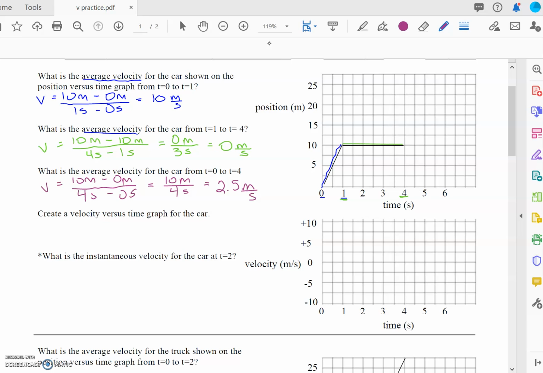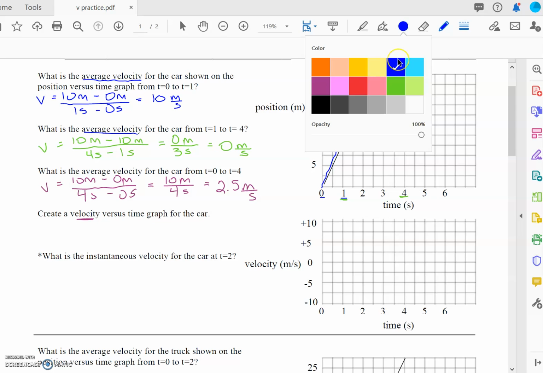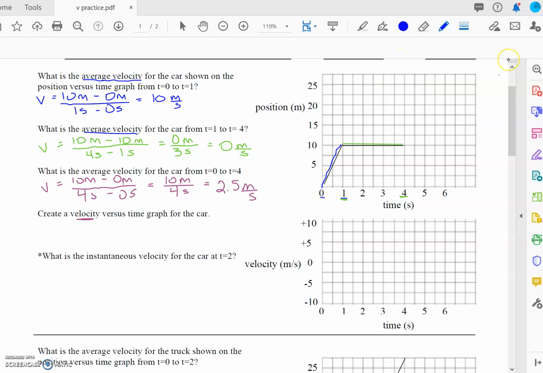So it wants us to create a velocity graph for the car. Well, if velocity is the slope of position time, I'm going to have two different segments on this velocity time graph. I'm going to go back to the original colors that I used before. For the first segment from 0 to 1 second, we said that the slope of the position time graph was 10 meters per second.